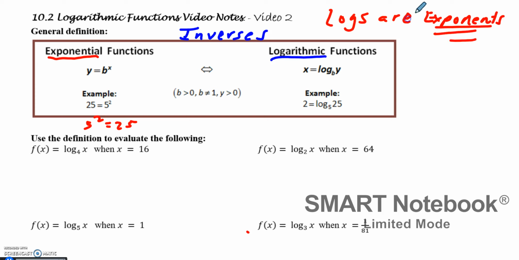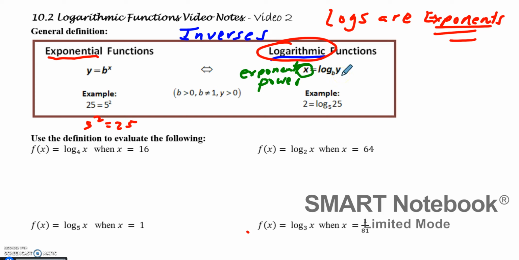So when you see a logarithm, you are really finding an exponent. If we look at the definition of a logarithm, log base b of y is equal to x. But because logs are equal to exponents, your answer to a log is an exponent or a power. So if you're given something like log base 3 of 9, you are finding an exponent as your answer.